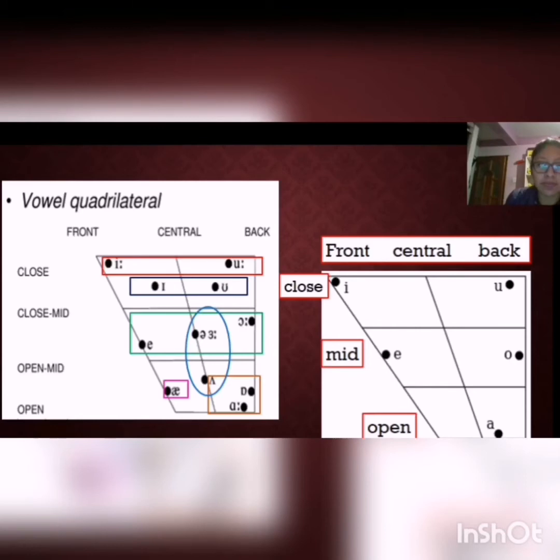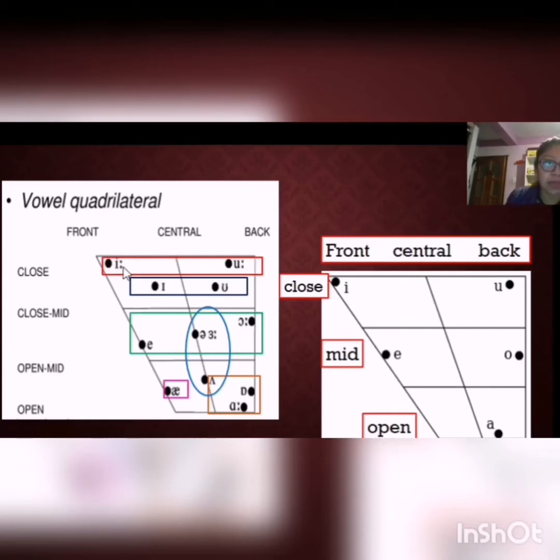And now, in a vocalic system such as the one in English, we have first these vowels that are closed. Then we have these vowels that are close mid. But see the difference between these two.